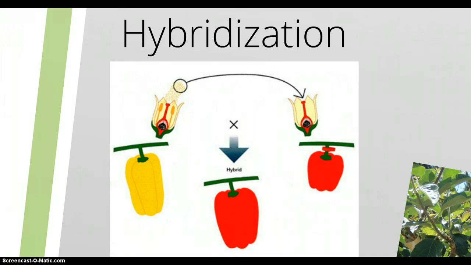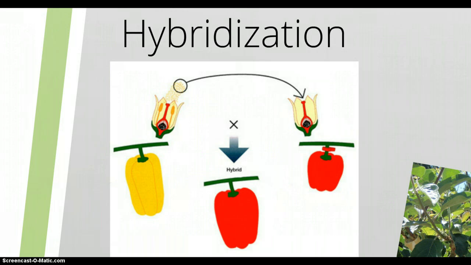So this is an example of a long, thinner yellow pepper and a shorter red pepper. In hybridization, you would take pollen from the yellow species and use that to pollinate the red species, and then the hybrid of those two is a longer red pepper that has traits of both of its parents.